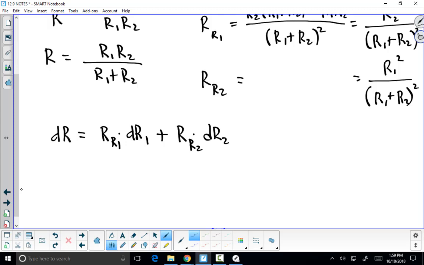If we wanted the percent change, we would do dr over R. R is thought of as the actual value, and dr is the tiny change in R. So if we put the tiny change over the total value, we get the percent, times 100, just like your grades.